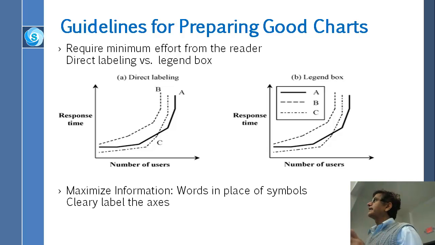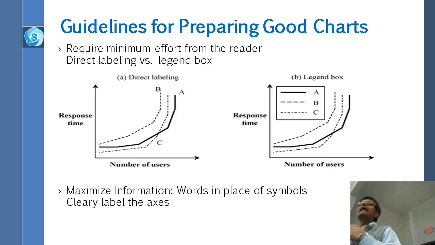Based upon that metric, tell me this one. If I have a graph where I put A, B, C right on the graph, as opposed to a chart with a legend box, which one requires less time? Left one, right? However, Excel doesn't produce that. What does Excel produce? The right one. So 99% of the graphs you read in papers are the right kind.